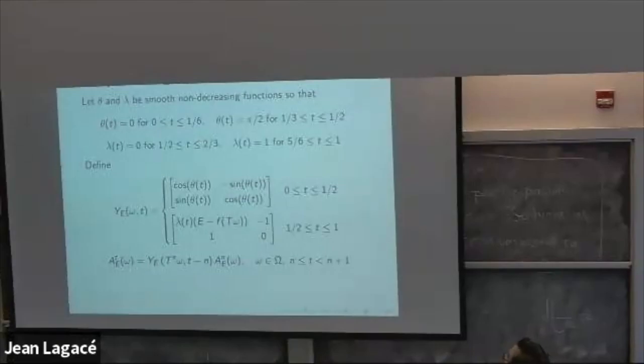What do you have for t equal to 1? For t equal to 1, lambda is 1. This is exactly the next guy. The next guy will be with n plus 1, but this will be fixed here. So this really takes the correct values at 0 and 1.